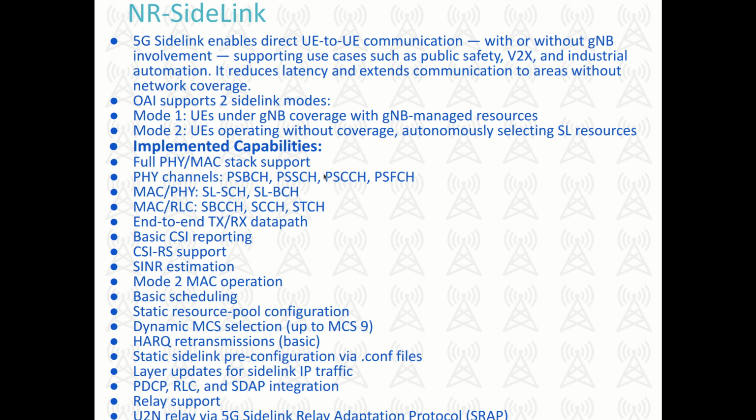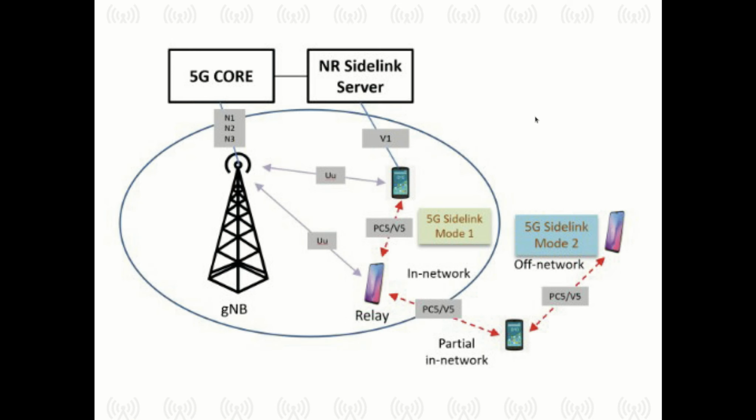So we will not go into much detail. I myself have not used it, but they do support different modes, mode 1 and mode 2, where mode 2 is more UE to UE, while mode 1 is, I think, under gNB coverage with gNB-managed resources. So this is the information from the OAI website.